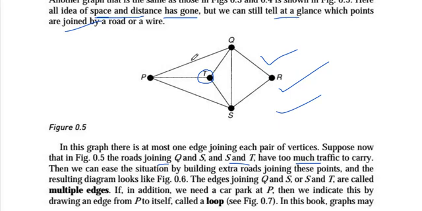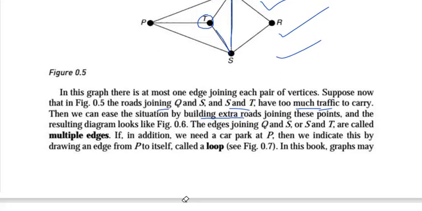Let's say this is a road network, so this road and this road have too much traffic because they have 4 roads coming in. We can ease the situation by building an extra road joining these points. The resultant diagram looks like this.